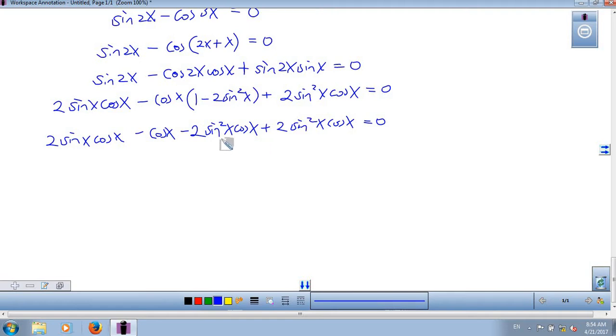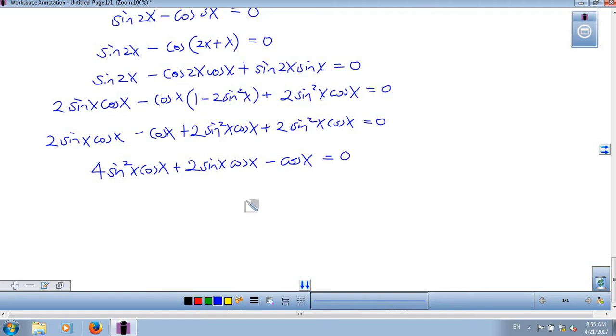Is there anything that we can cancel? Oh, this is actually a plus sign, I'm sorry. This is negative cosine plus 2, so this becomes 4. Let's write this down: 4 sine square x cosine x, plus 2 sine x cosine x minus cosine x.